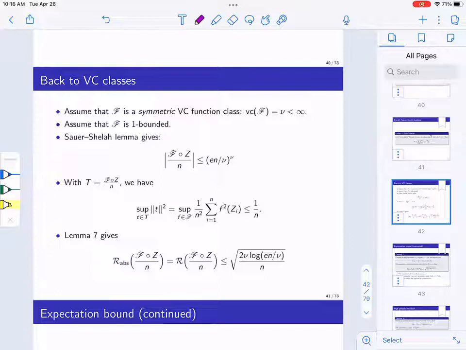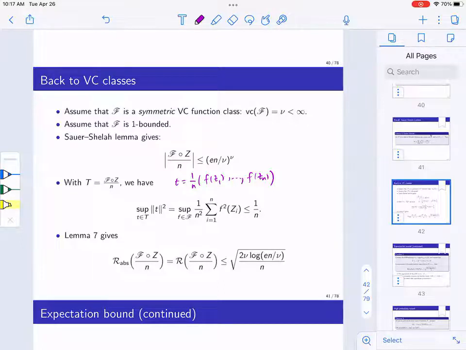just remember that T is equivalent to 1 over n times (f(z1), up to f(zn)). That's the change of variable that we're doing. So the norm of T squared would be 1 over n squared times the sum of these squared, and these are bounded by 1, so I get n divided by n squared, so I get 1 over n.